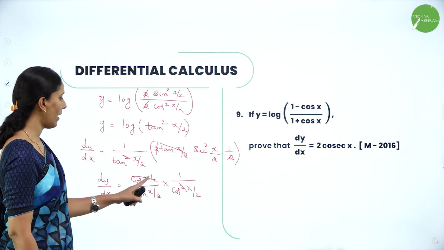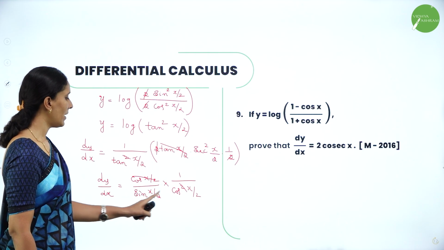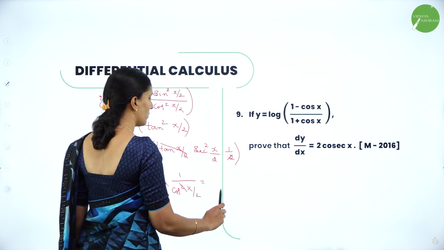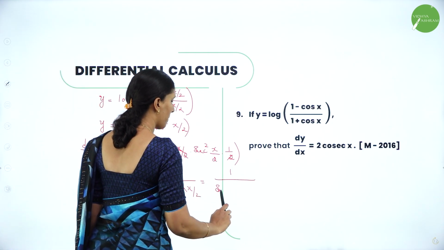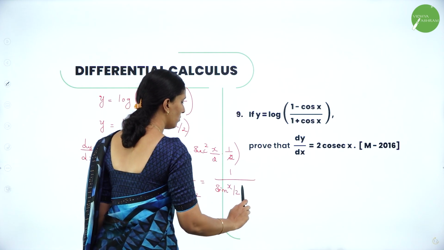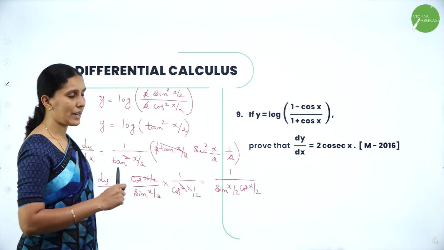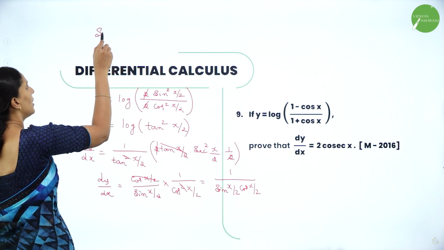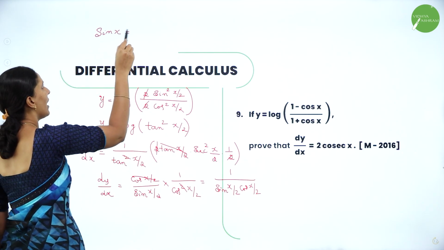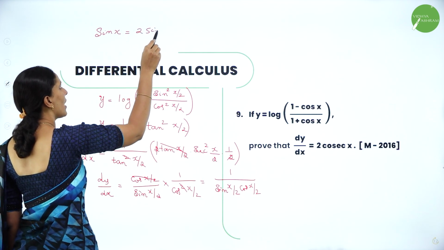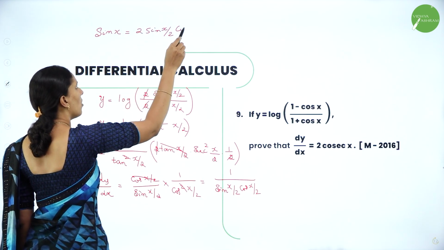So here we have 1 divided by sin x by 2 cos x by 2. Now this can be written as 2 divided by sin x, because in the half angle formula we have sin x as 2 sin x by 2 cos x by 2.